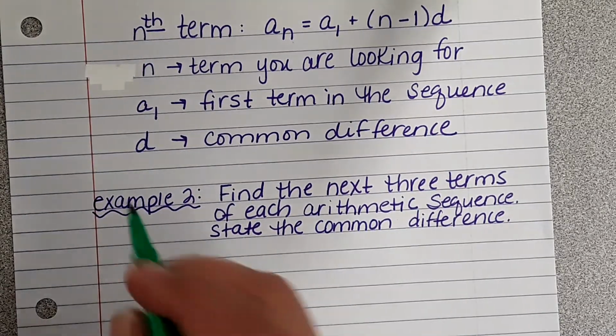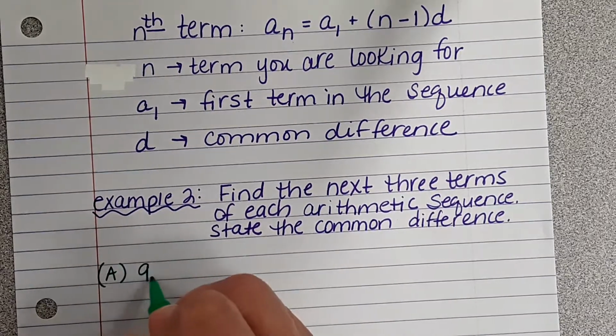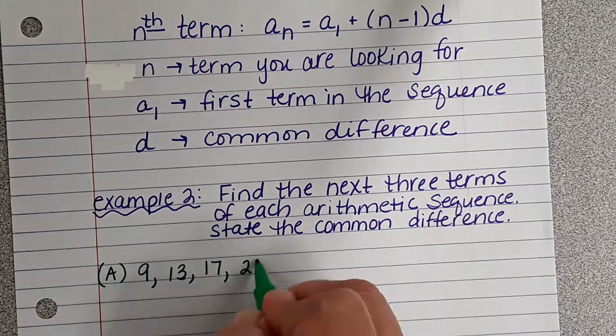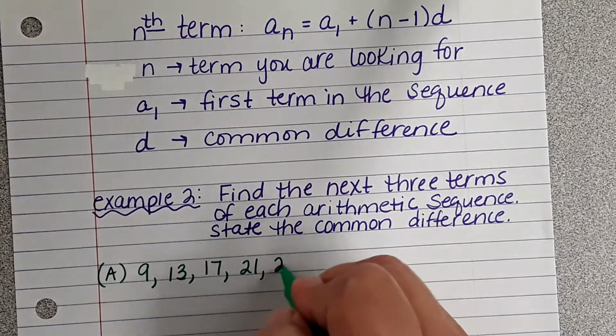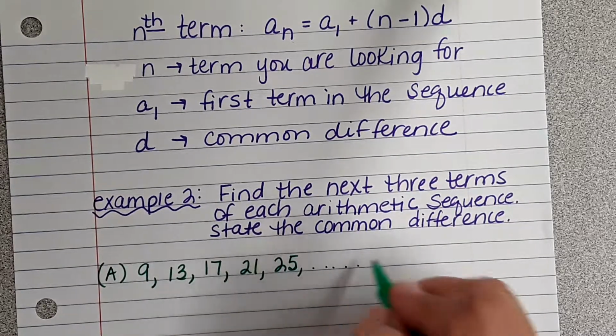So let's do example 2A. I have 9, 13, 17, 21, and 25, and they want you to find the next three terms.